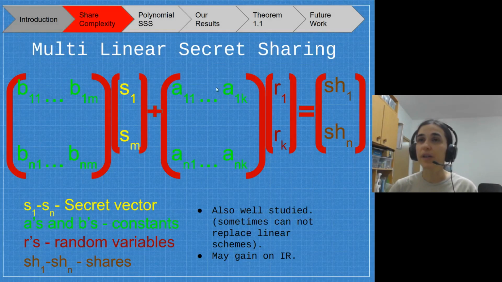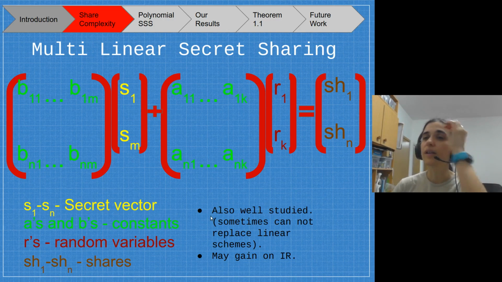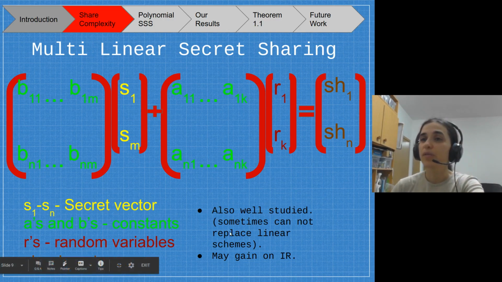Multilinear schemes are similar to linear schemes, with the only difference that the secret is some vector of length m over the field rather than a single field element. So these were also studied quite a bit, but quite a lot less than linear schemes, because, for instance, in some applications, it's unclear how to replace a linear scheme by a multilinear scheme.